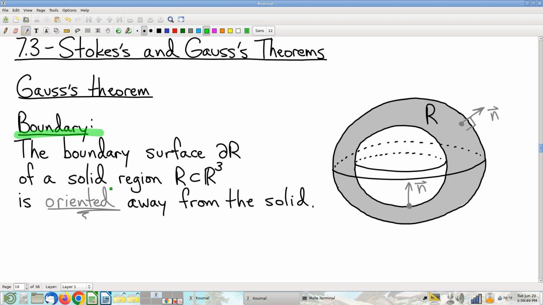Let's start with boundaries. Here's a solid. That's a weird solid. Think of this as being like a cantaloupe, something like that, and so it's solid, except it's got a great big air gap in the middle of it.